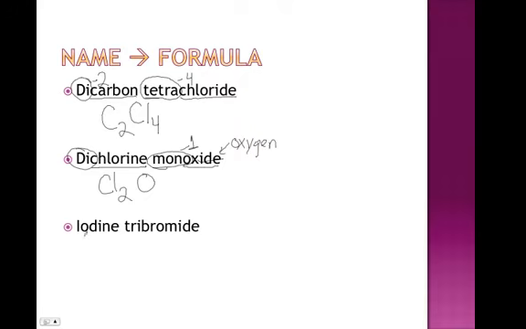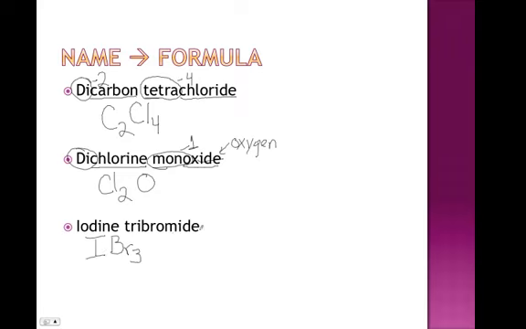Let's see. Iodine is I, and we only have 1 of them. Bromide is bromine, and that is Br. And the prefix tri means 3. So it is IBr3.